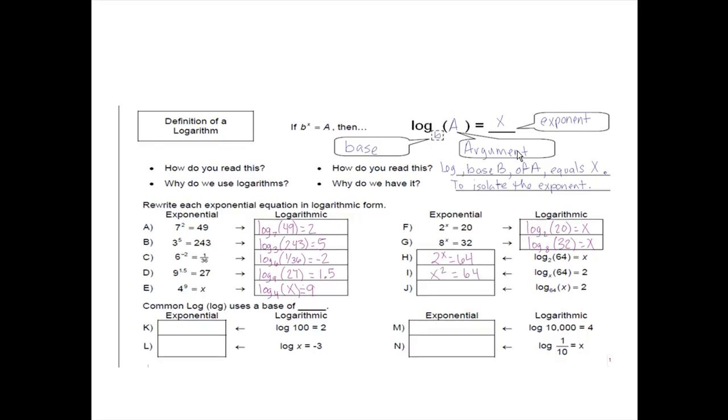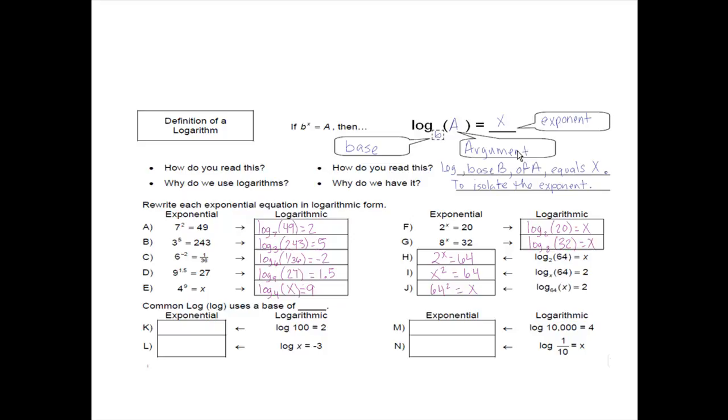This one becomes x squared equals 64. And if we actually had to work out this problem, what squared gives you 64? Hopefully, your answer was 8. 8 squared is 64. J, log base 64 of x is equal to 2. When we write this, it's 64 squared equals x.